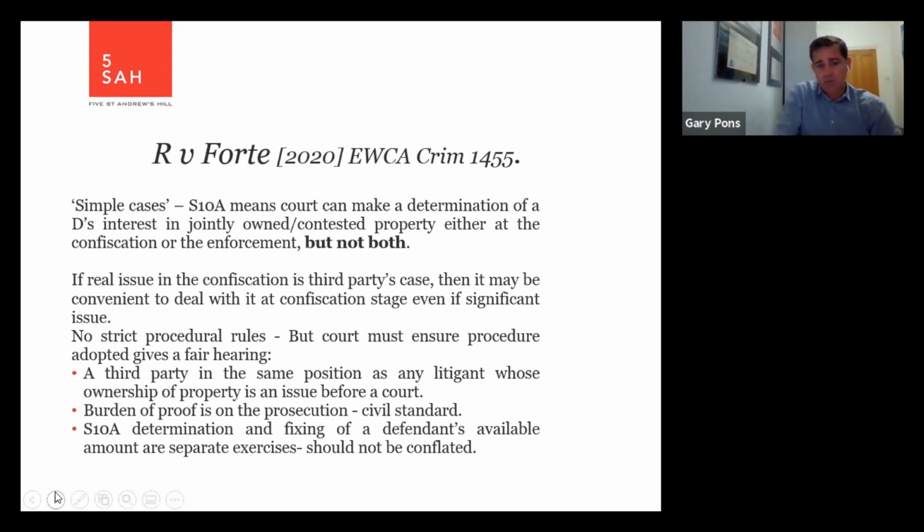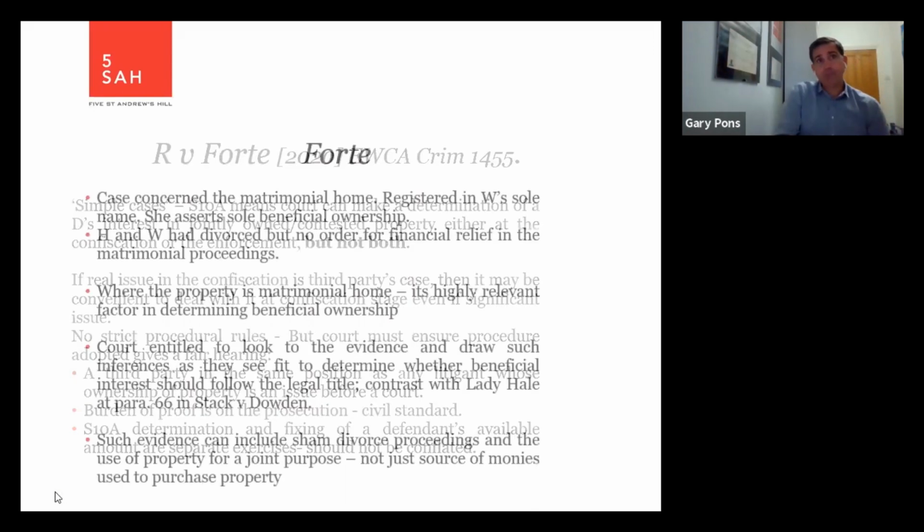That means that the burden of proof is on the prosecution, the standard is the civil standard, and when it comes to the Section 10A determination, the court should make sure that that is dealt with separately from the way in which a defendant's available amount is fixed. They are separate exercises. Next slide, please.